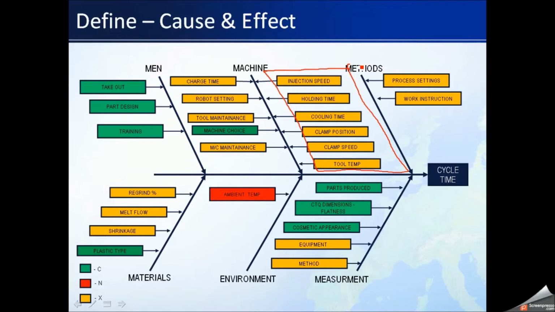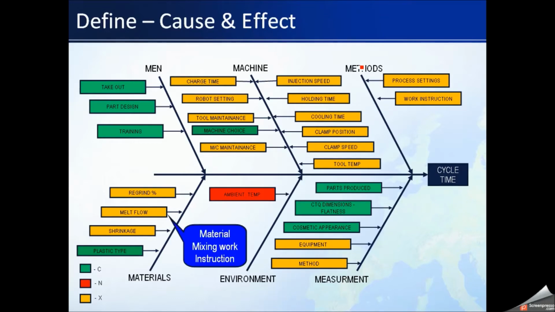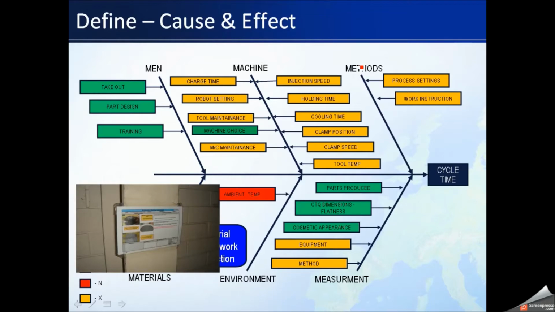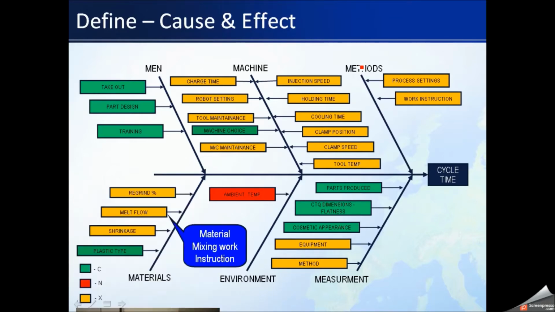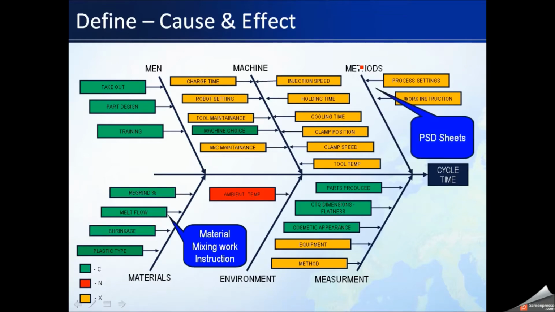The only way to find best settings that work is first of all to establish a controlled environment into which those settings will be used. So first of all, we're going to look at the way the material is mixed. They come up with a new standard operating procedure in order to get that under control. So that turns green.